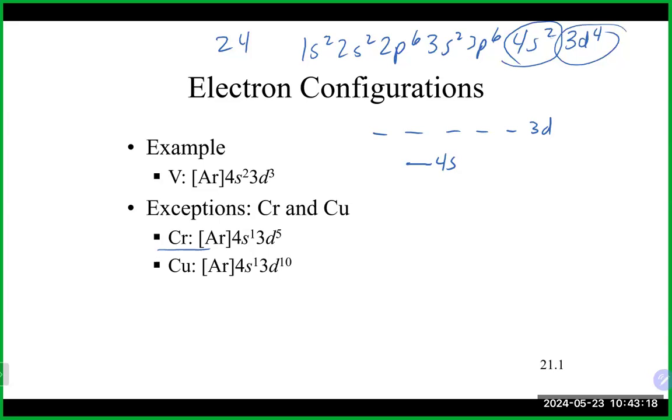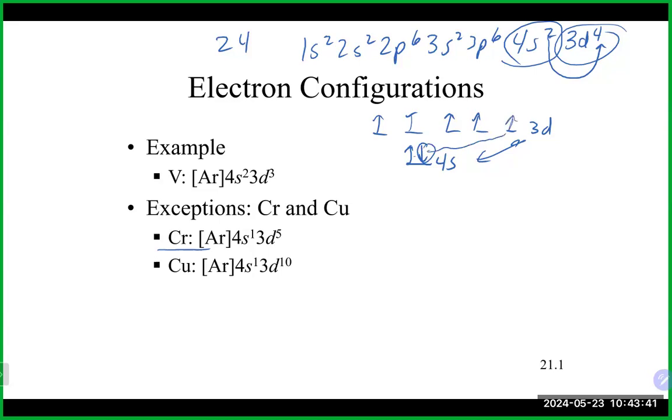It's been found that it's more stable with one extra electron up in the d orbitals and one less electron in the s orbital. When it does come in, it comes in like this. And these energies of these orbitals are really close to begin with, so it's not a lot of energy for that extra electron to go up there.